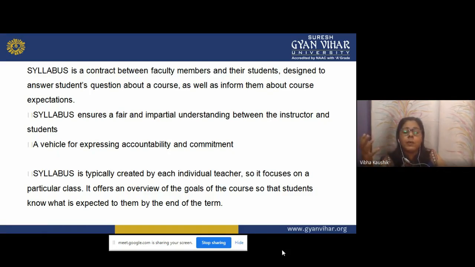The expectations of the course can also be known to the students from the syllabus.